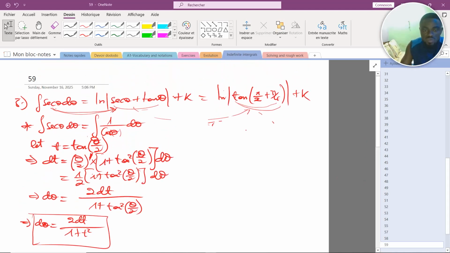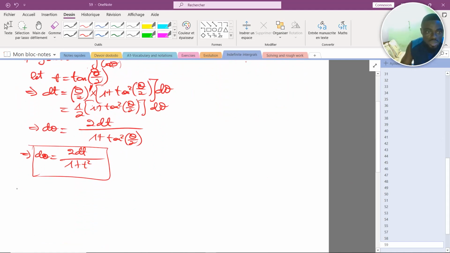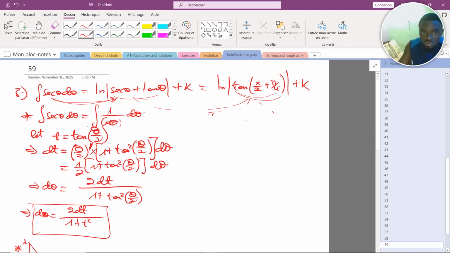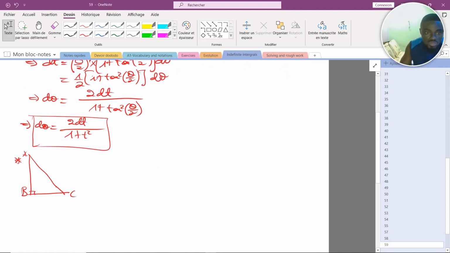Now, what do we have to find? We have to find cos theta, because we have to substitute it here. So I'll draw my right angle triangle. This is A, B, and C. What is the angle we put here? The angle we put here is the angle of tan, not the angle from here. We take it from what is inside tan, which is theta on 2. So this angle is theta on 2.